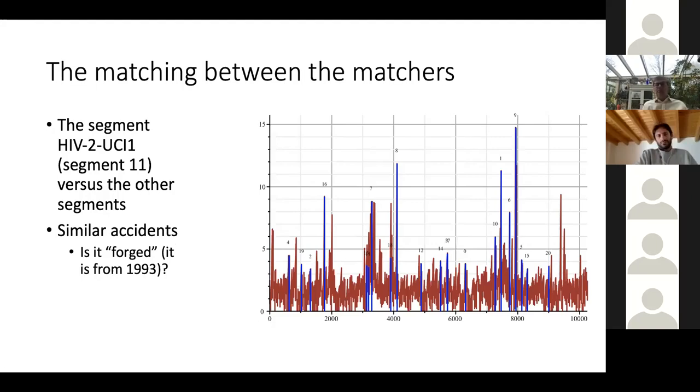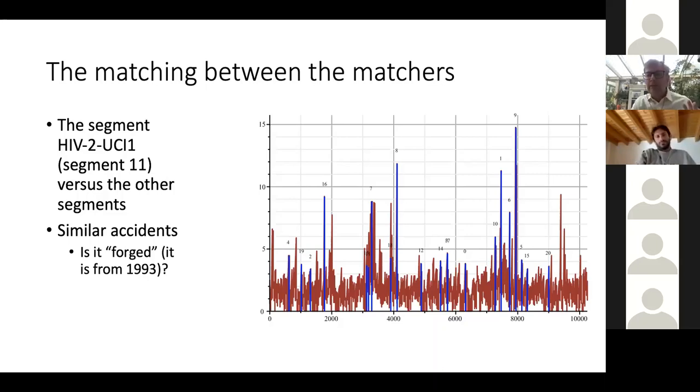You have matching also between the matchers. For example, I took the segment HIV2. The only thing that I know is that it has been extracted in 1993. Therefore, the technology to create it was not existing in 1993.